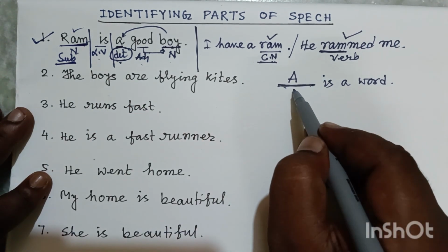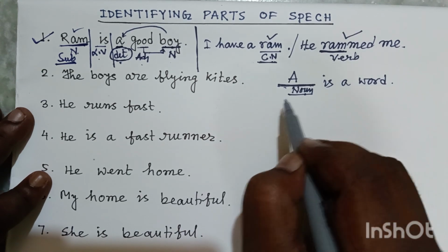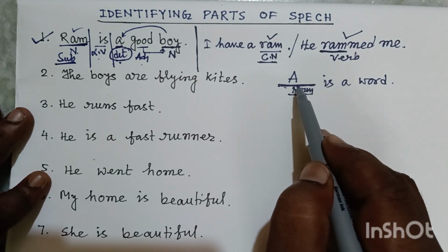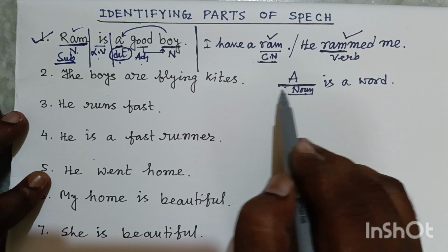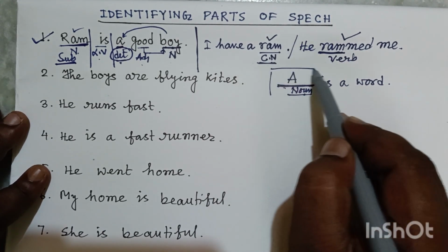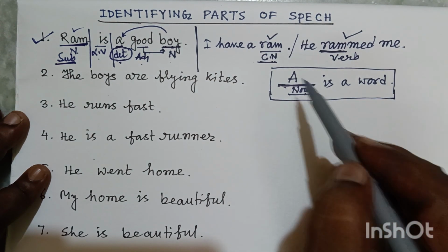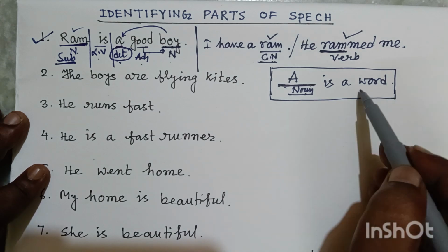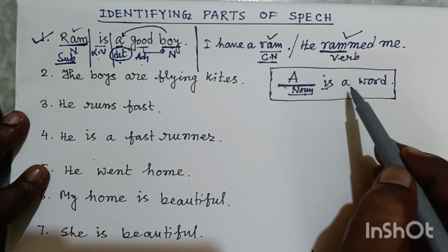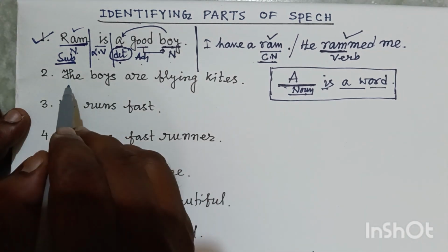Here it is a word and it is a noun. So my dear friends, whatever you write down in this blank space, that will be a noun. Any kind of word. That means no word is absolute in the English language. Actually, in which way it has been used in the sentence, we have to identify it, and according to that sentence only, we can say this is the part of speech of this word in this sentence. Otherwise not.